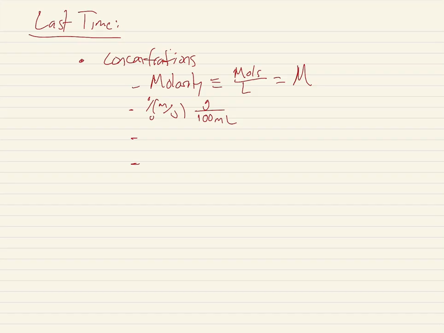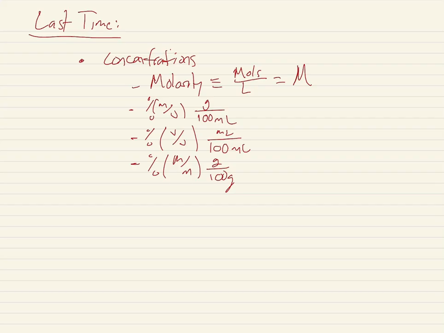What was another one that we had? There was volume to volume percent, right? And that was milliliter per 100 milliliters. And what was the last one? Mass to mass, right? Mass to mass percent. That was grams per 100 grams. Those are the 4 different units of concentration that we talked about.